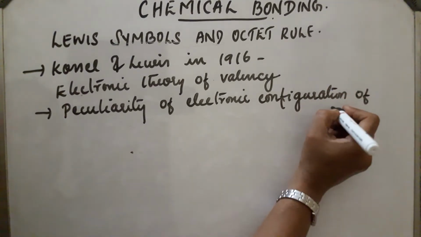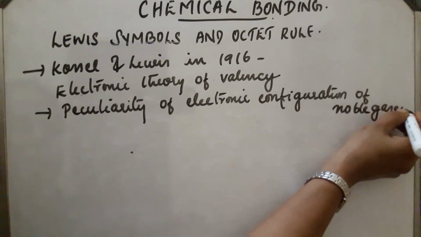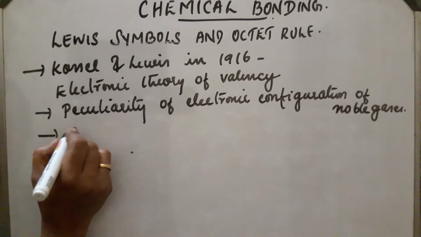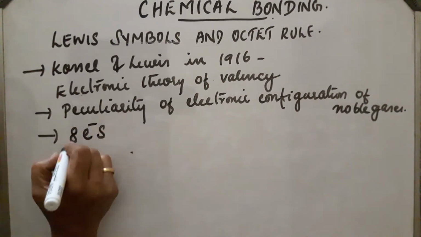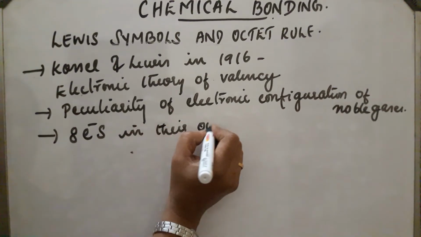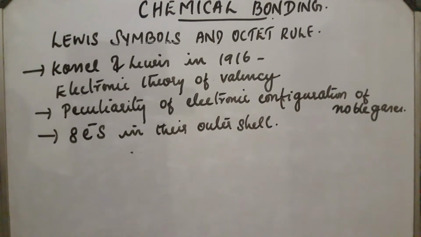What is the peculiarity of noble gases? They have a stable electronic configuration. That is, their outermost shell contains 8 electrons. It is seen that these noble gases are highly stable. They are independent in nature.